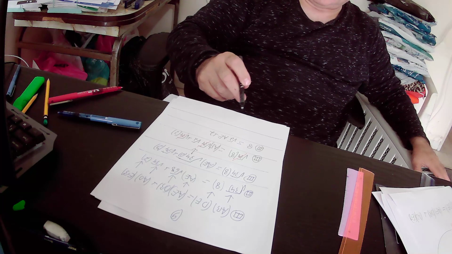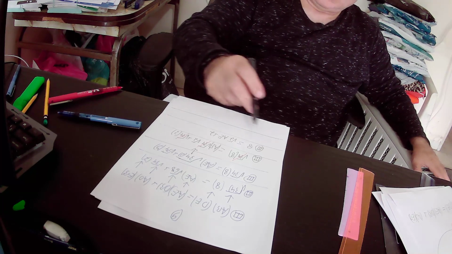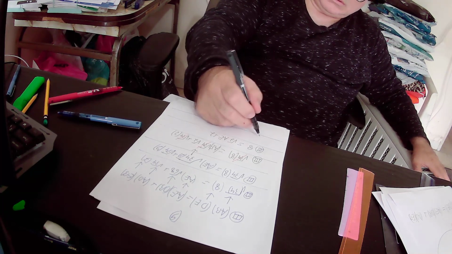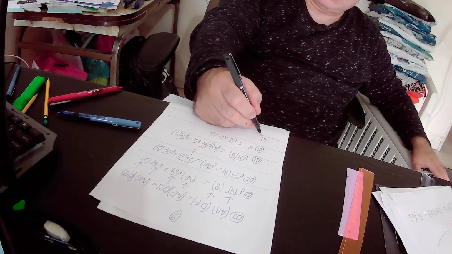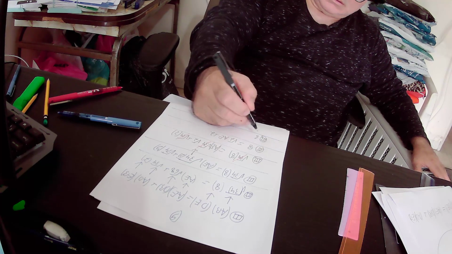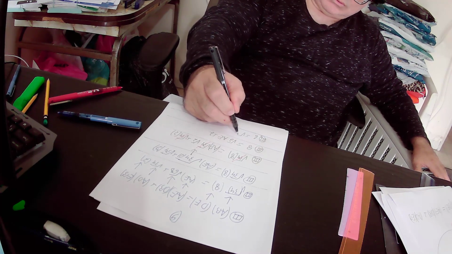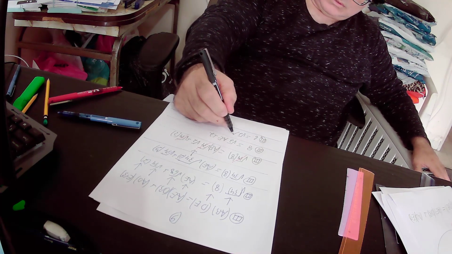So here we'll subtract 2 from the equation, and we'll get that 8 minus 2 is 6, equals the square root of 2 times AE.